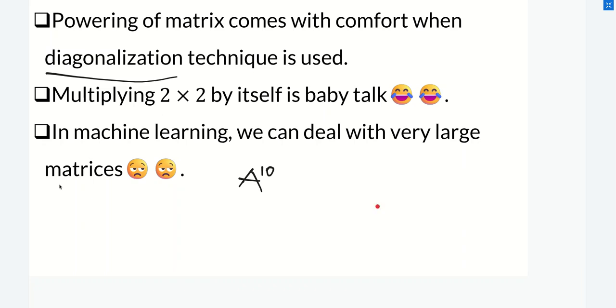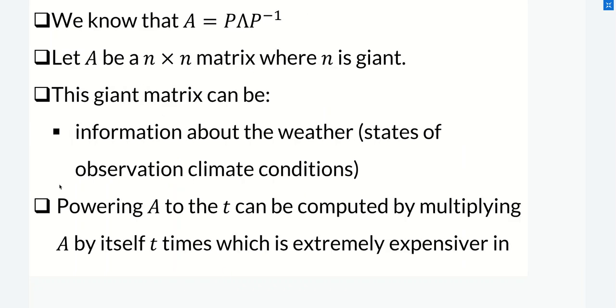So in machine learning, we deal with very large matrices and we have to find a way to do the calculation quickly. So how do we do that? We've seen this formula before, right? We have a matrix over here, and we say this matrix can be expressed or decomposed as the matrix of the eigenvectors, then the inverse of this matrix, and the diagonal matrix. And this diagonal matrix is coming from the eigenvalues.